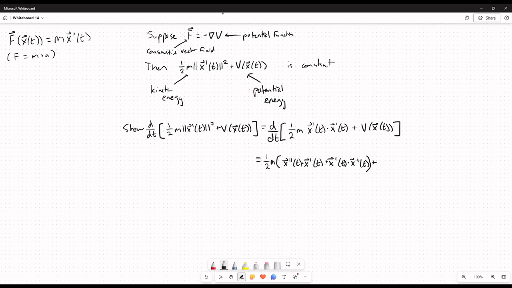And then for our second term, we're going to have some chain rule going on. So this is going to be the gradient of v by the chain rule, kind of written for vectors, or for a scalar output function composed with a vector input function, to put it briefly. So we'll have the gradient of v of x of t dotted with x prime of t.